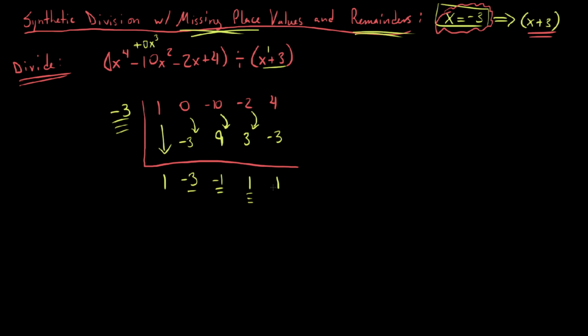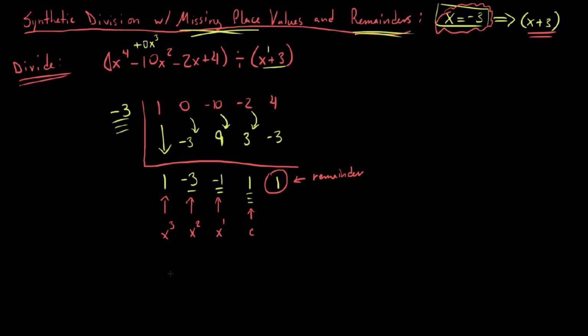Oh no. Well, did I do something wrong? Well, what I know is this. This is our remainder. So keep in mind with synthetic division, the last term is our remainder. We're just going to go backwards and fill in what we're missing. So if that's our remainder, then this thing right here is our constant. This thing right here is our x to the first term in the quotient. This is our x squared term, and this is our x to the third term of our quotient, our answer.